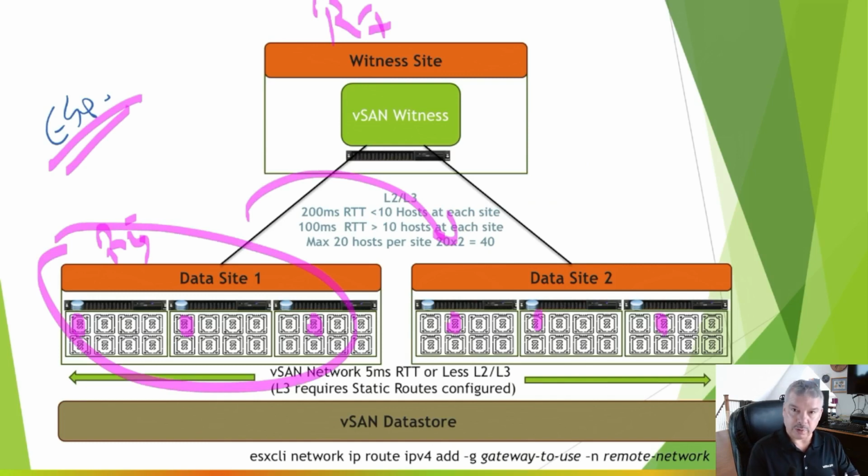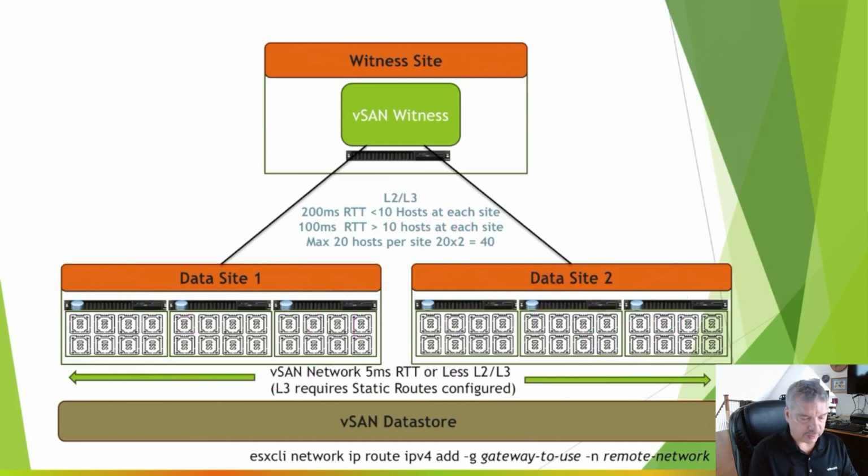So component and parity type of thing. I guess you can look at it like that. So this would be kind of like a RAID 1.5 or RAID 15 type of thing. So that's the advantage of stretch clusters. You can get higher level availability at a lower cost type of thing. So that's really neat. So again, if a complete site fails, you have redundancy. So we'll talk about failures and stuff.